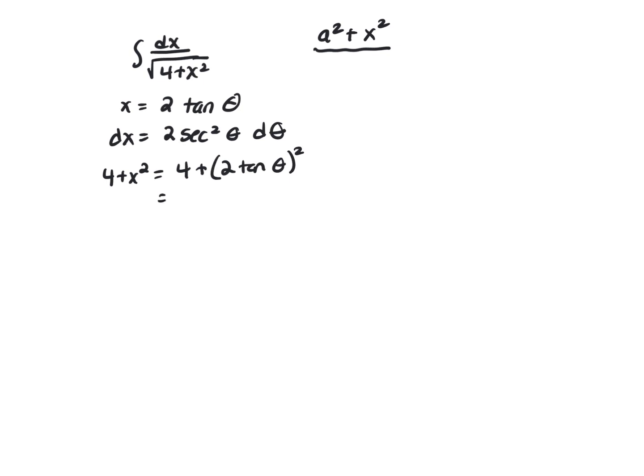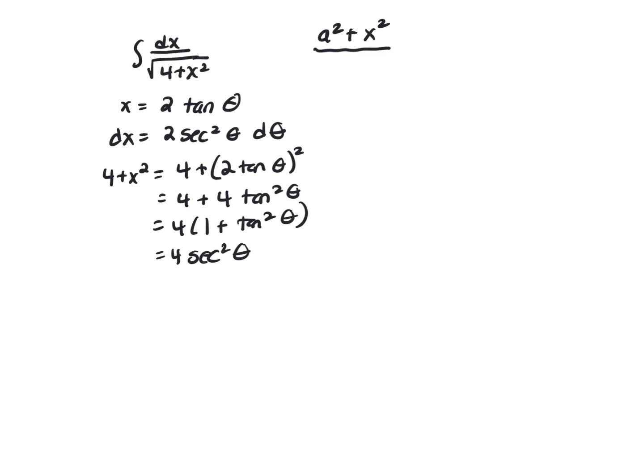So this equals 4 plus 4 tangent squared theta. Factor out the 4. That leaves you with 1 plus tangent squared theta. And 1 plus tangent squared theta is secant squared theta.